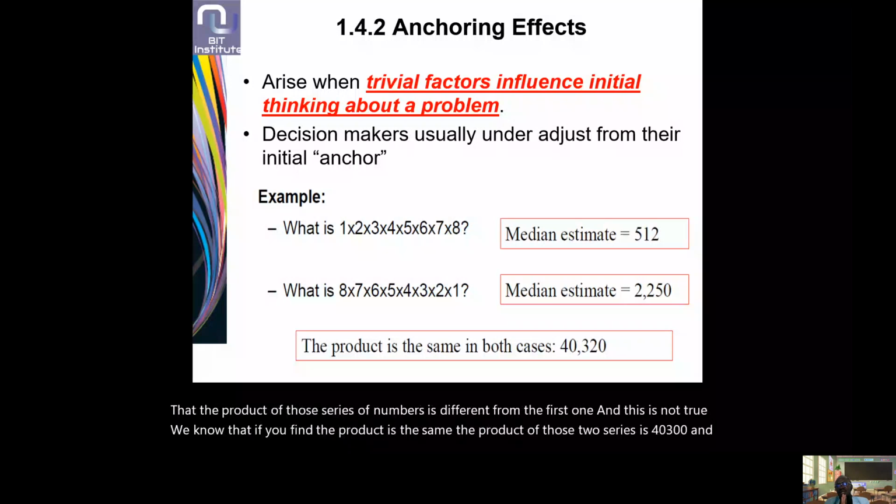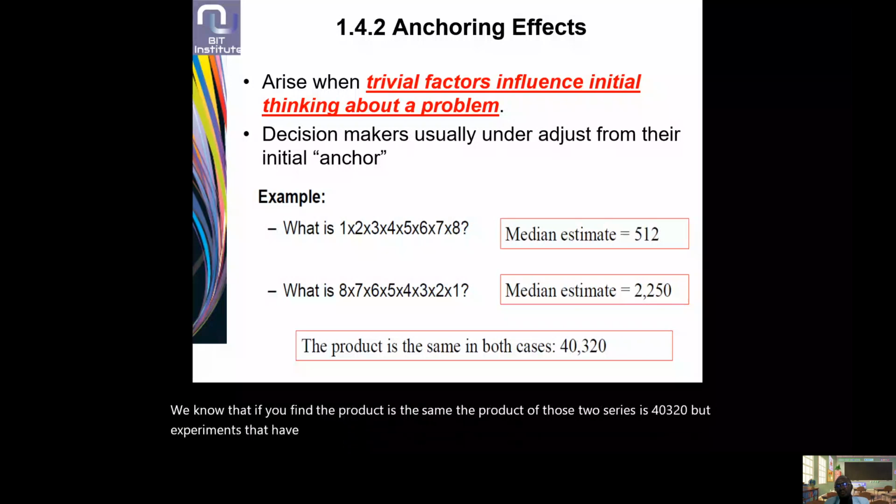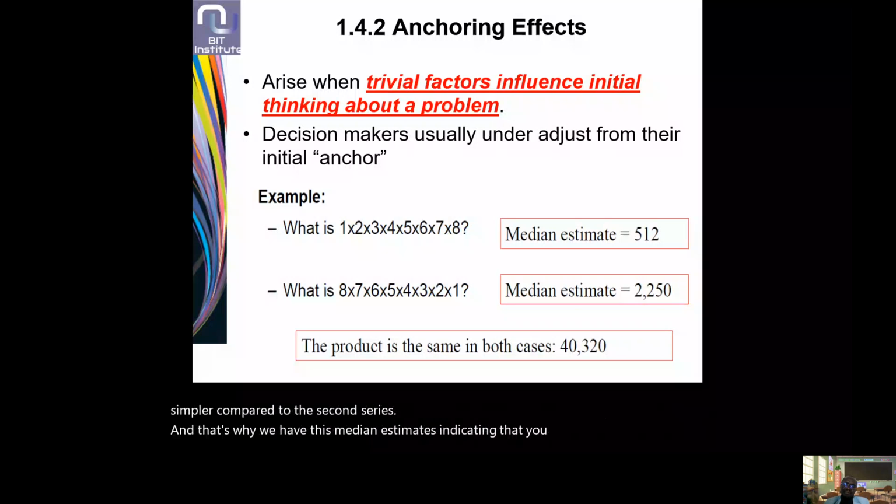But experiments that have been carried out have established that most people think the first series is simpler compared to the second series. And that's why we have those median estimates indicating that the first series is simpler than the second series.